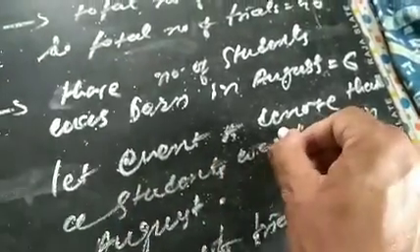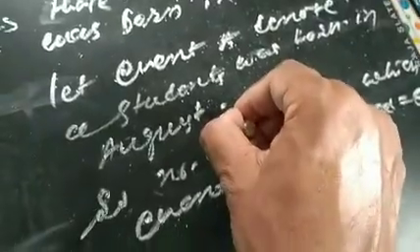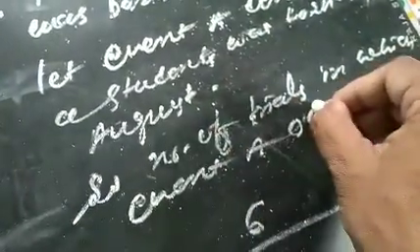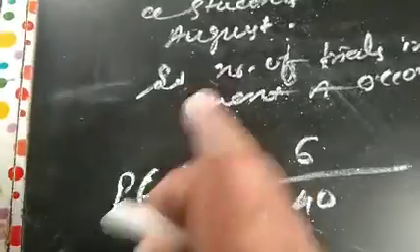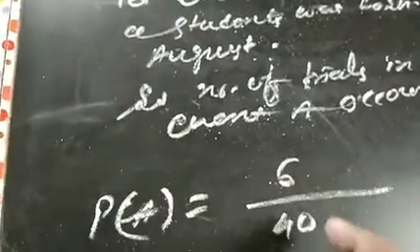So that is our event A. We decide: let event A denote that a student was born in August. The number of trials in which event A occurs is equal to 6. So P(A) is equal to 6 upon 40.